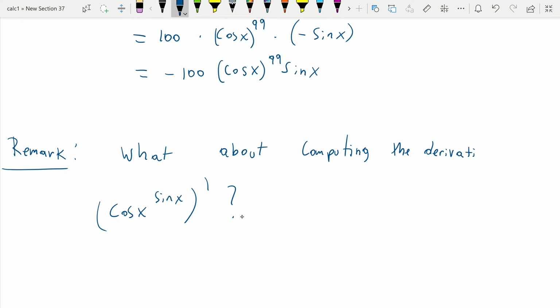If you tell me that you can apply the power rule here, that would mean that we could just do this.